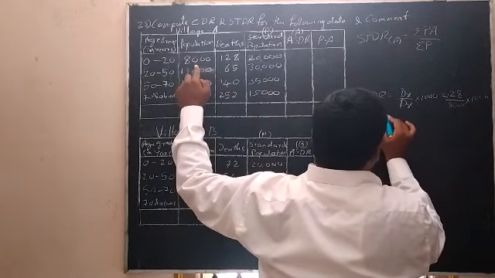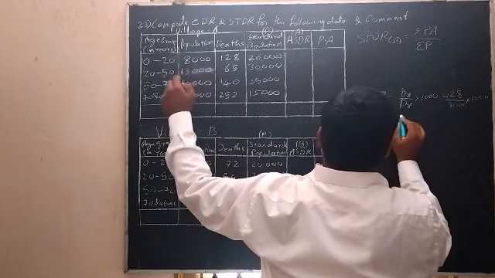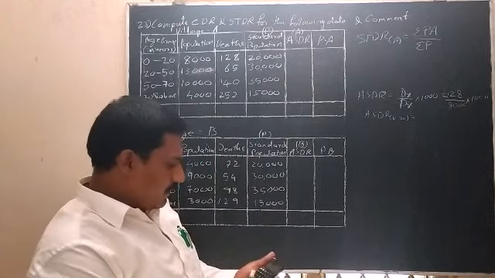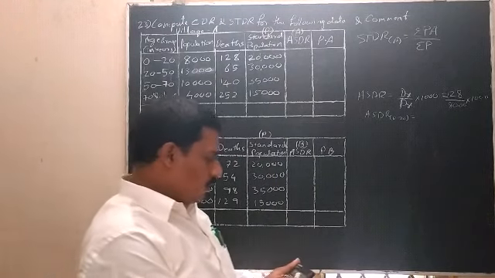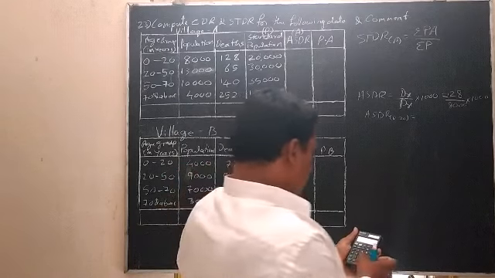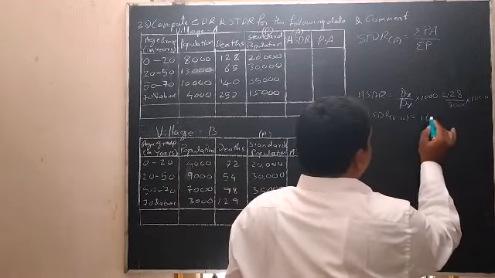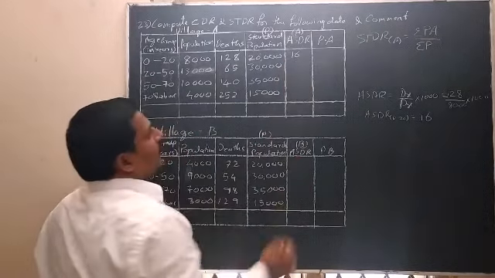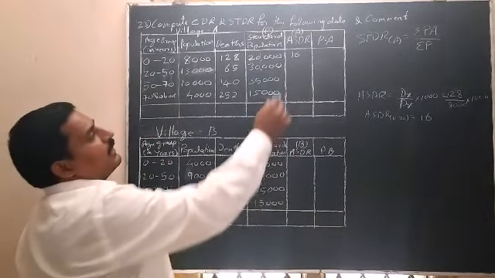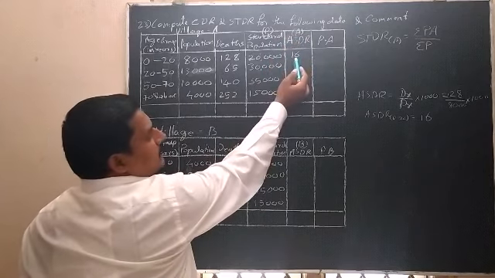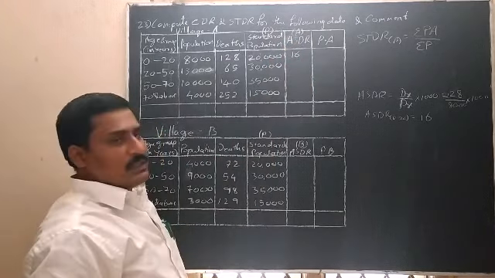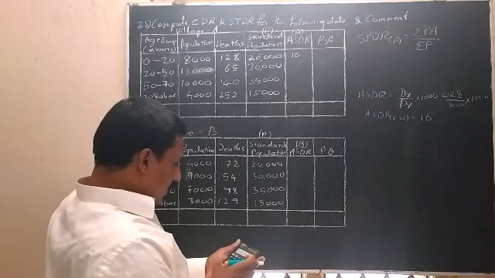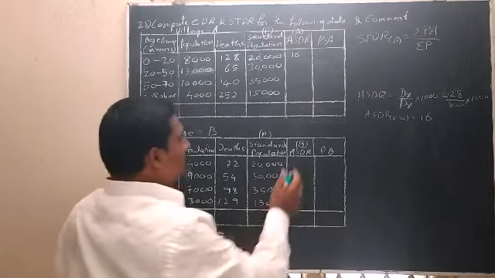So ASDR for age group 0 to 20 is 16, referred to as A, and we multiply this 16 with the standard population P for the first age group, that is 20,000.